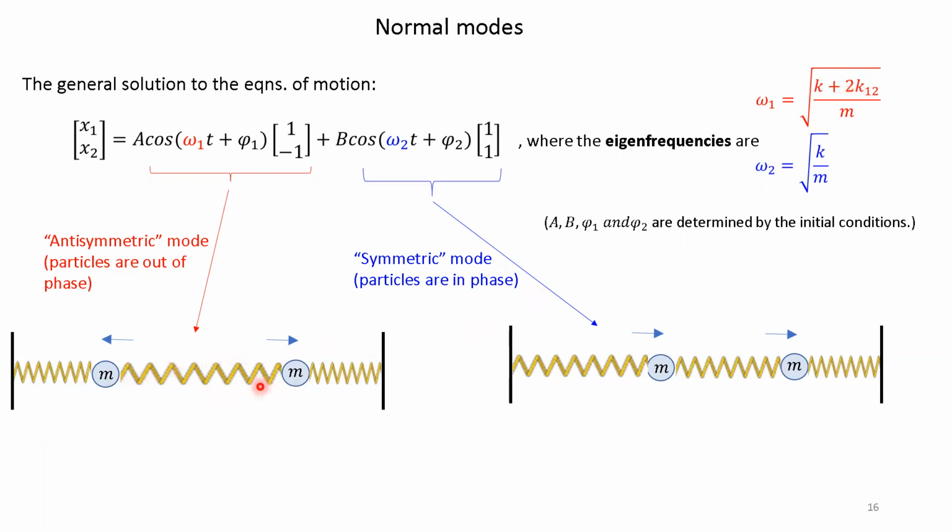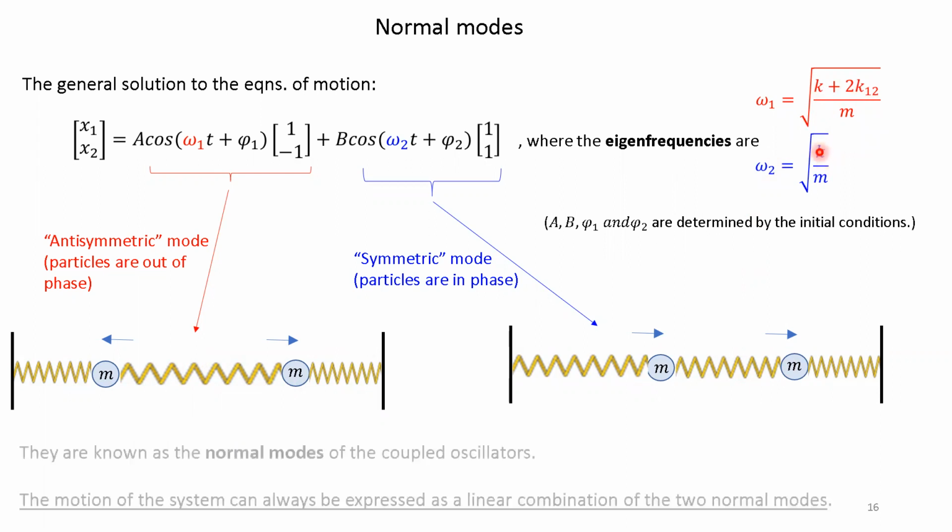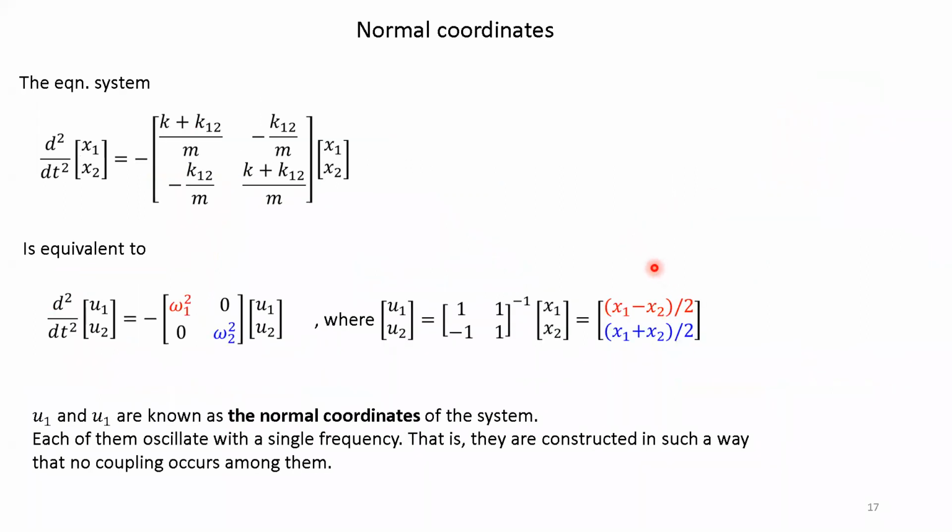This one oscillates more rapidly than this one. So now let's try to get some physical intuition on why this number and why this number.